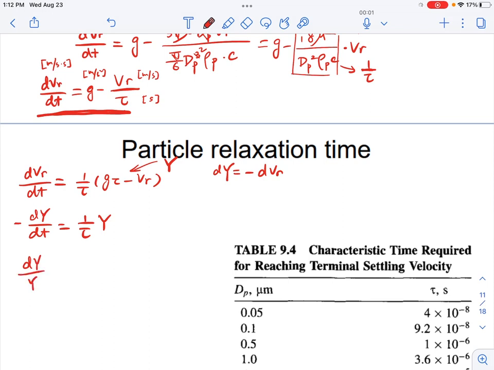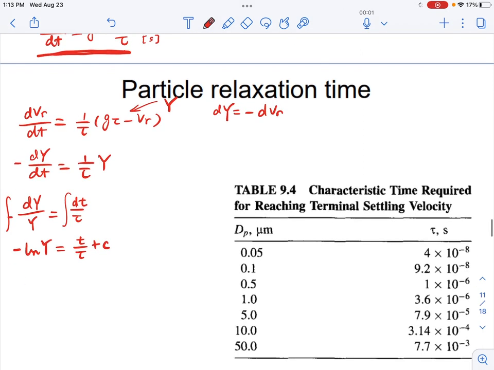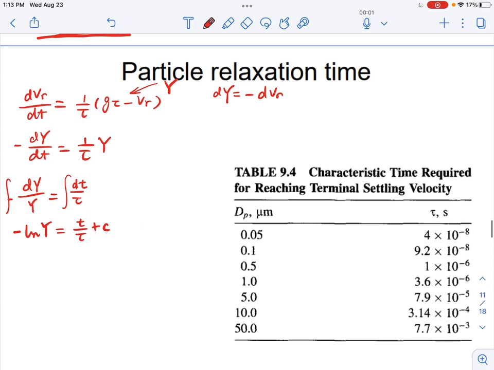So you have dy/y equals 1 over tau dt. You have a minus sign here, and then you can do the integration. You have log of y equals minus t over tau, plus a constant, right? Because in integration, there can be a constant factor there.